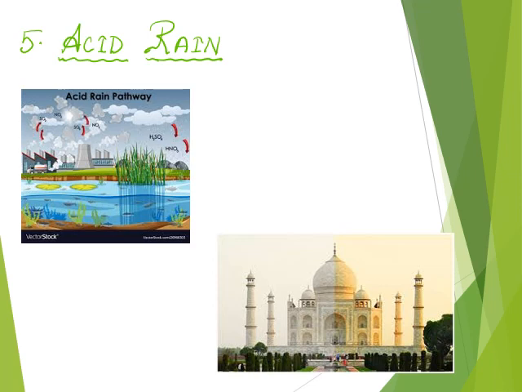This acid rain can damage buildings and statues because these are made up of limestone, marble and plaster. It means they are made up of calcium carbonate, and calcium carbonate is a basic substance. So this is neutralized by the acid rain, which has acids in it.